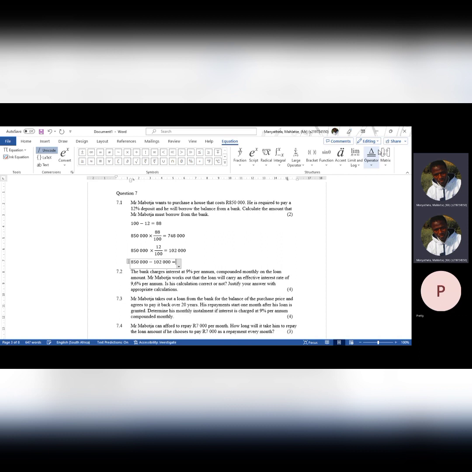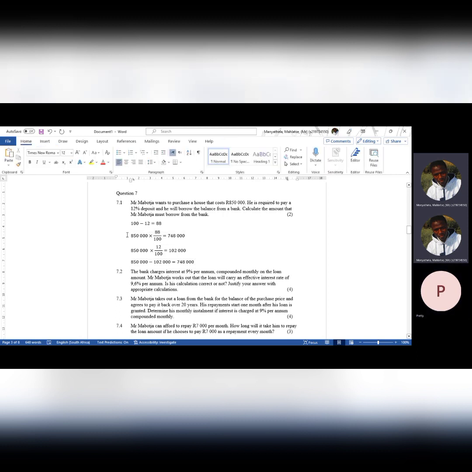So how much does it give you? 748,000. Yes. So you can see either way you still get the answer, but you can choose to go straight.